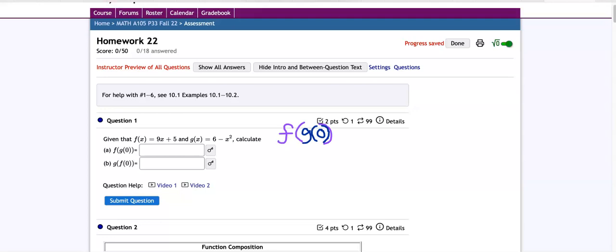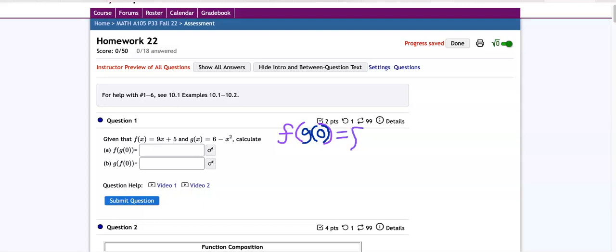So in part A, f of g of 0 is taking the function g, evaluating it at the point 0, then taking the output of g of 0 and plugging it into f. It's like a double evaluation. So first we want to figure out what g of 0 is.